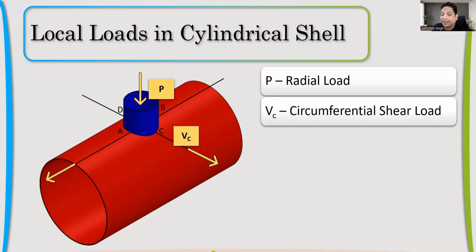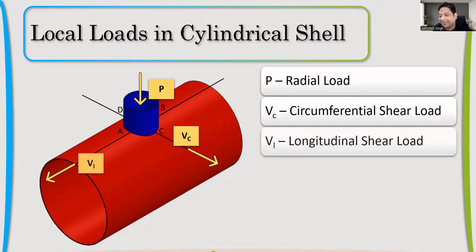Now this one will be easy. Yes, VC and VL, longitudinal shear load. This will also create shear. The blue color, this one, what is this force? The blue one.